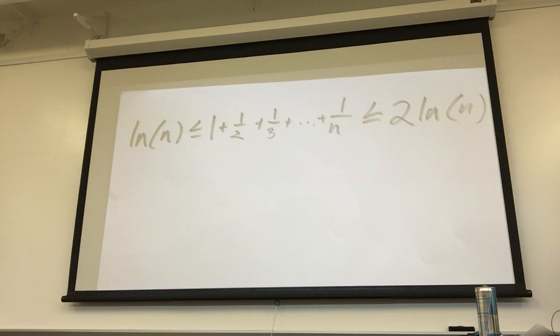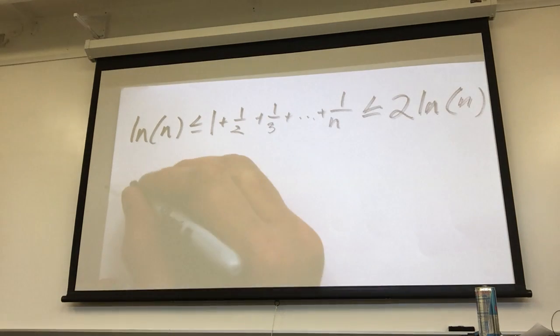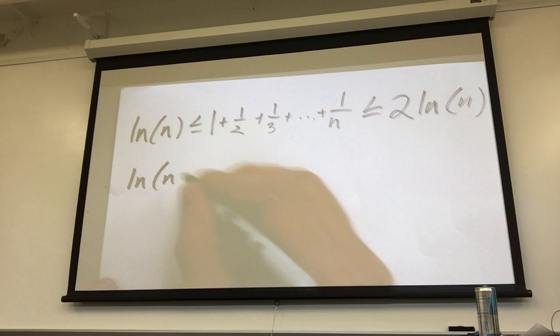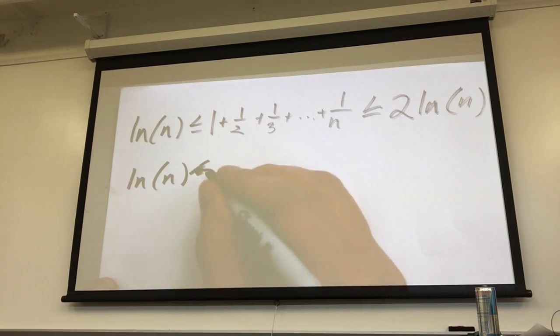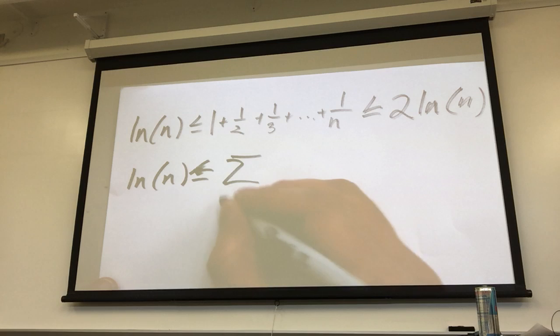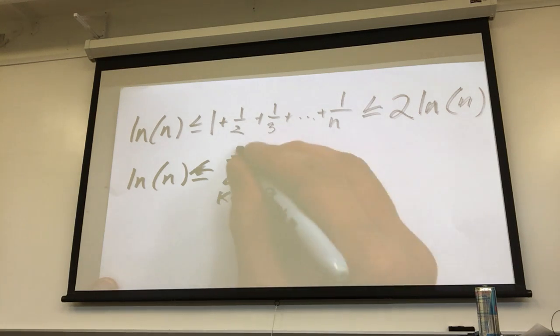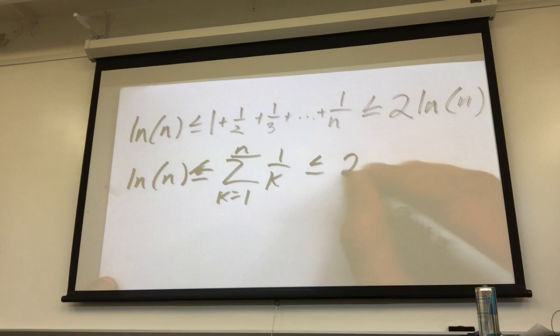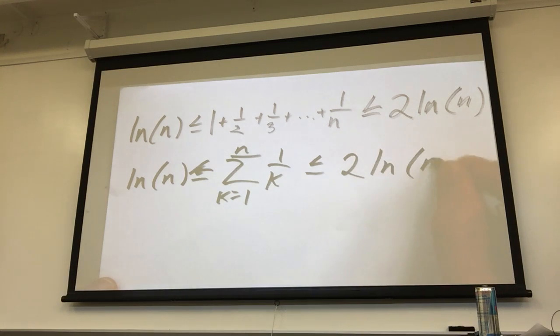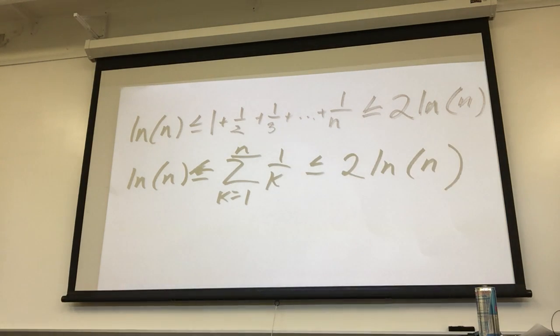Okay, if we just want to clean that up a little bit, we can say that the natural log of n is going to be less than or equal to the sum k, which equals 1 to n of 1 divided by k, which is going to be less than or equal to 2 multiplied by the natural log of n. Okay.